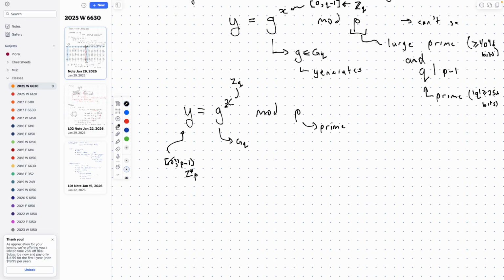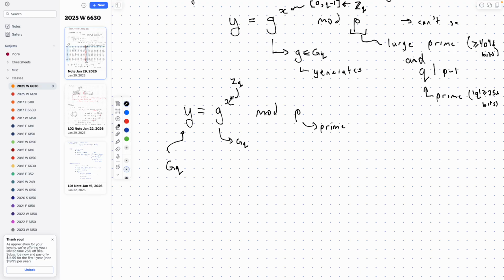It will, because I'm multiplying a bunch of stuff from GQ together. So what will y be by necessity? It has to be part of GQ too. I'm not choosing y to be in GQ. It's just that because I chose g to be in GQ, and I'm only doing multiplications and exponentiations, I'm never going to leave GQ.